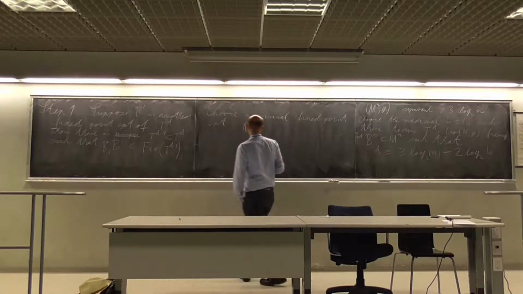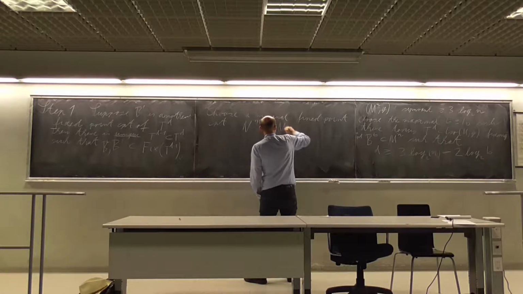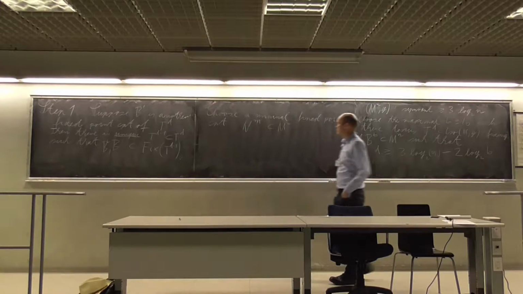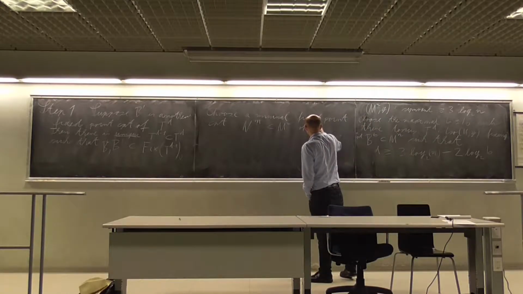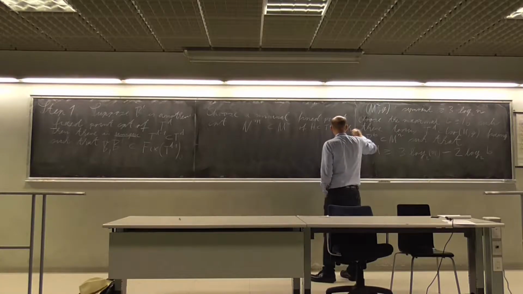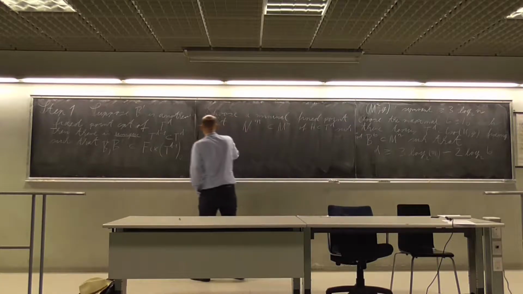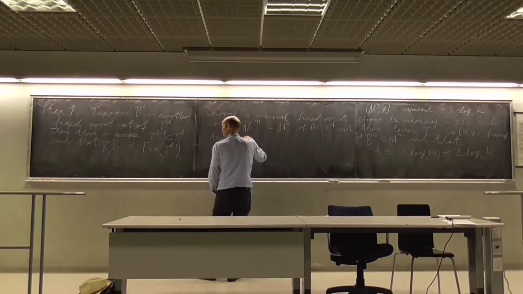So we take a submanifold of some dimension m inside M, and it's a fixed point component of some subgroup of the torus such that this is the case, right?